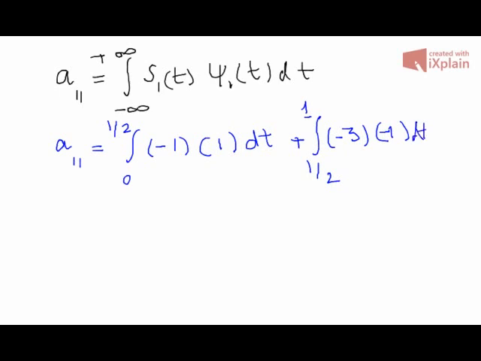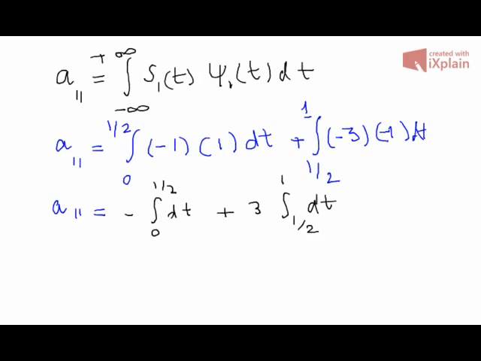So we have to find the image of s1 over psi 1. If we solve this integral, we get minus the integral from 0 to half dt, and from here we get plus 3 times the integral from half to 1 dt, right?